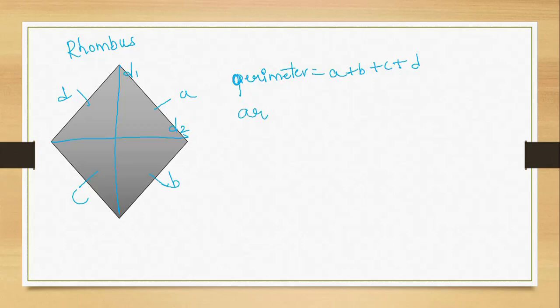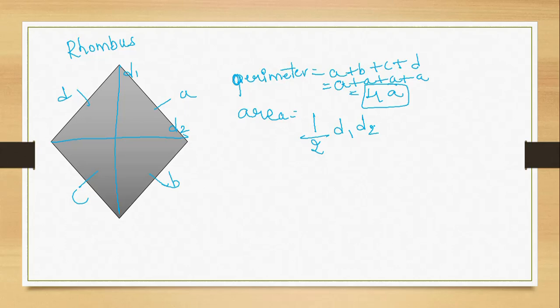In the rhombus all the sides are equal, so the perimeter is a plus a plus a plus a, which is 4a.